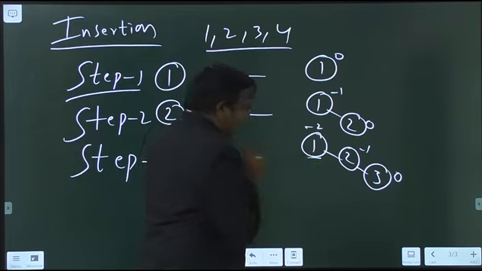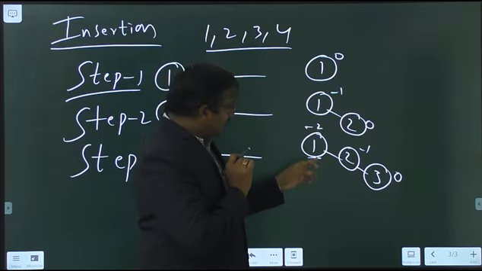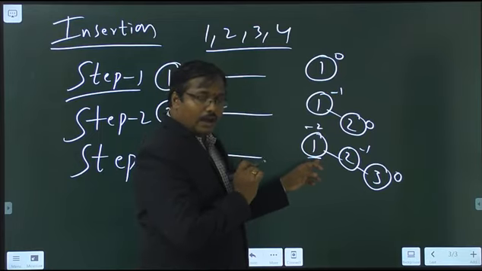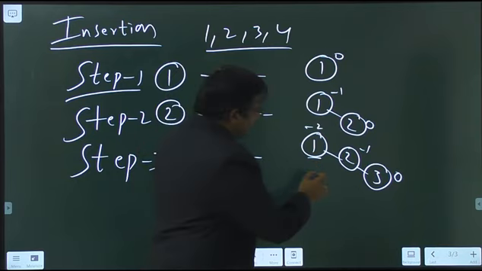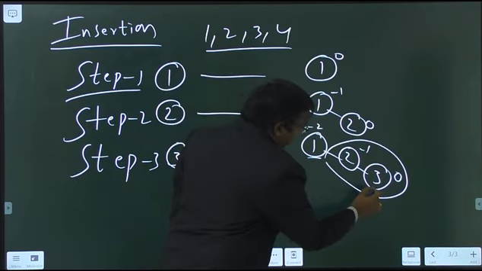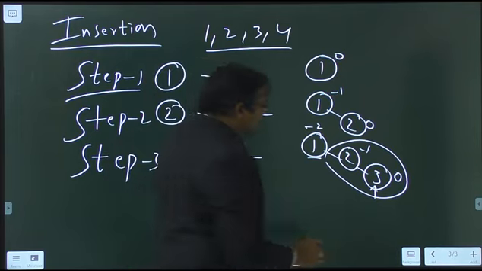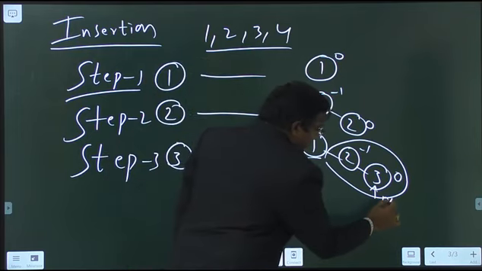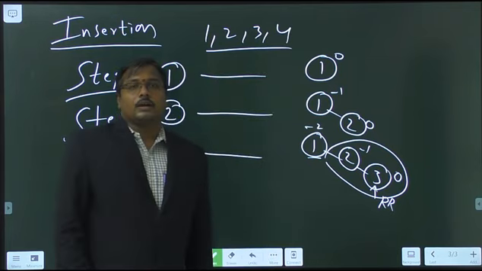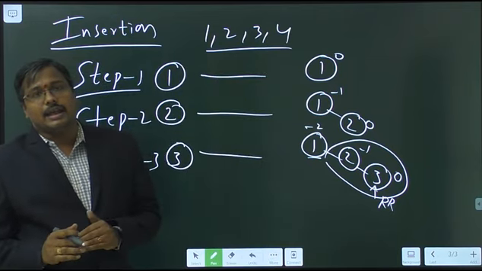Here we are missing the balance. Why are we missing the balance? Because in the right subtree as a right child I inserted. That's why I am missing the balance. So this is an RR case. RR means right subtree, right child.